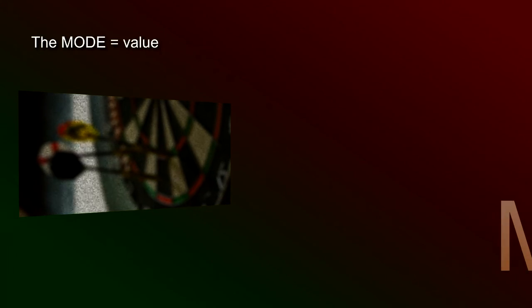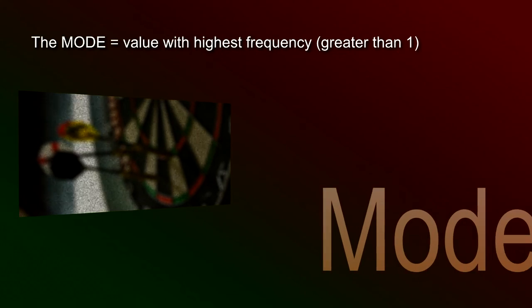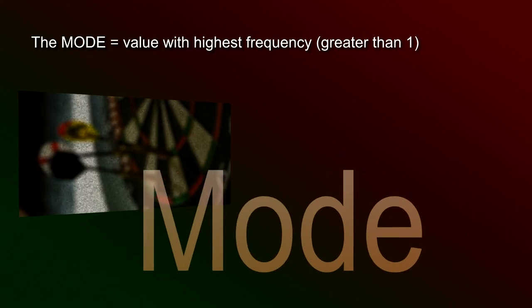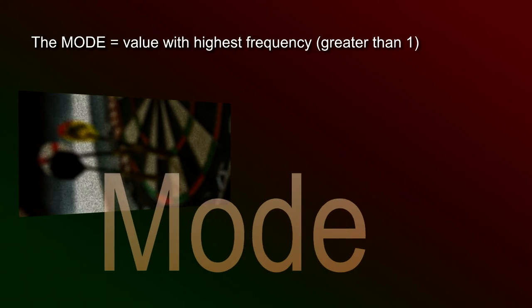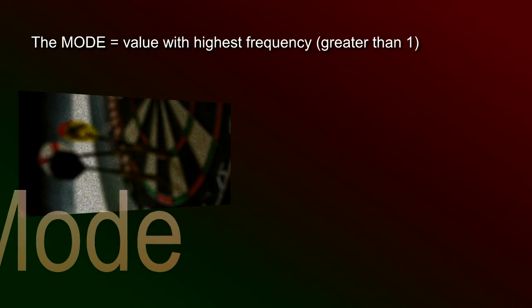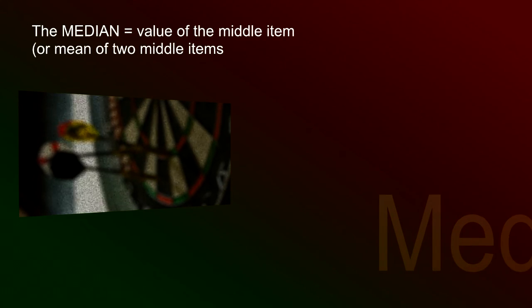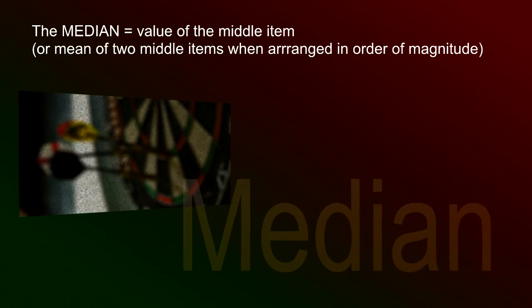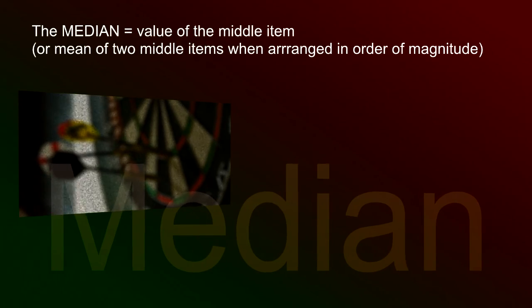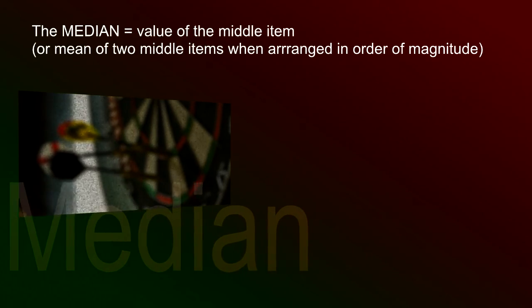If we want the modal score, we simply look for the most common score. If we want the median score, we write the scores down in ascending order and then look for the middle value. Now there's a slight problem here that we have an even number of observations, so we take the 2 middle values and work out the mean average of those 2.